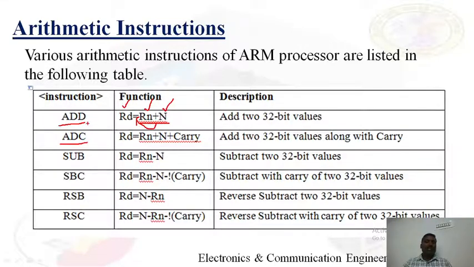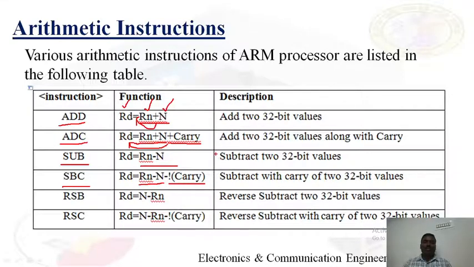Then ADC is similar to the ADD instruction, that is it performs Rn plus N. Then it adds the carry along with the result of Rn plus N. Then the total result will be copied into the Rd register. Coming to the third instruction, that is the subtraction instruction, SUB performs Rn minus N. And SBC is similar to SUB but performs Rn minus N, and also subtracts the complement of carry.